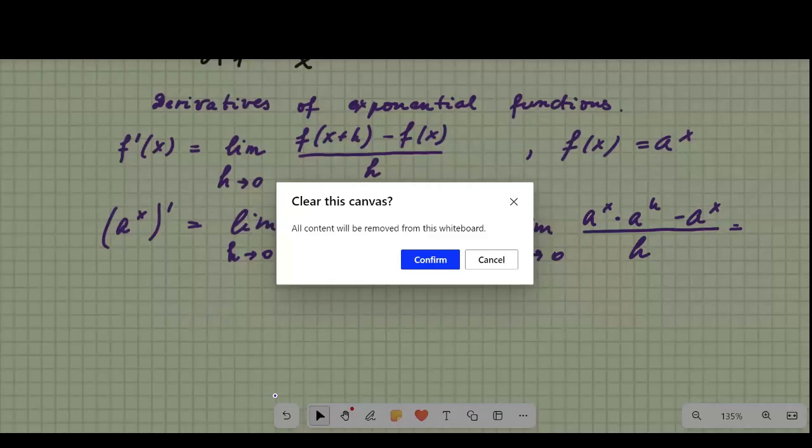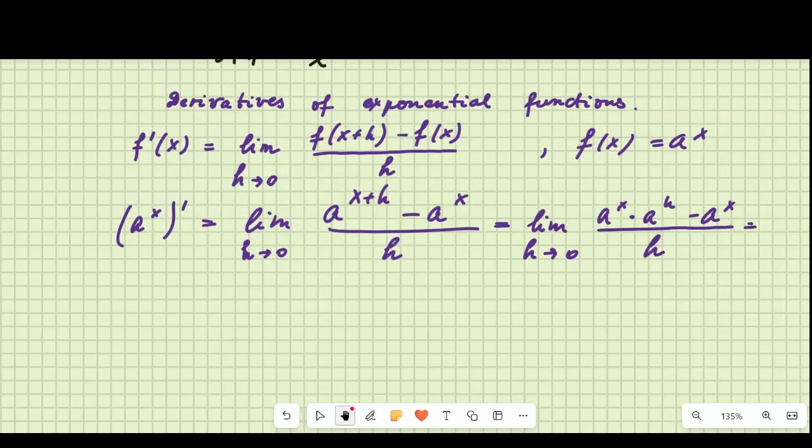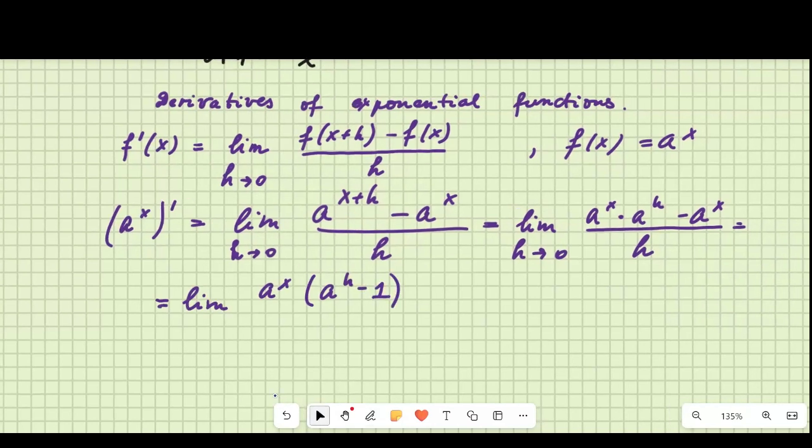Next step, because I have a to the power of x in both terms, I'm going to take it outside of parentheses. In parentheses, I'm going to have a to the power of h minus 1. If I take a to the power of x from the second term, I'm just going to have 1 left, right? And divide it by h.